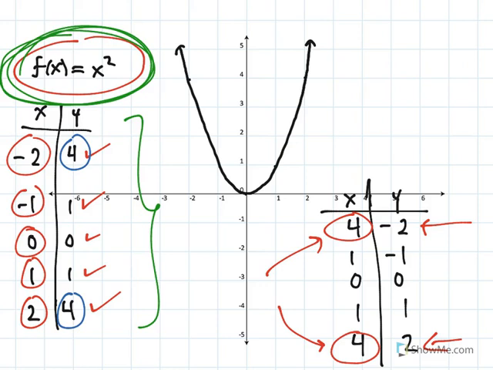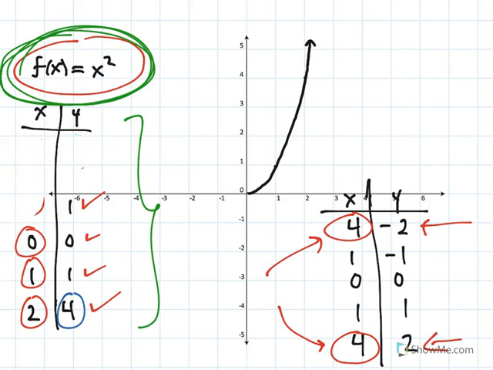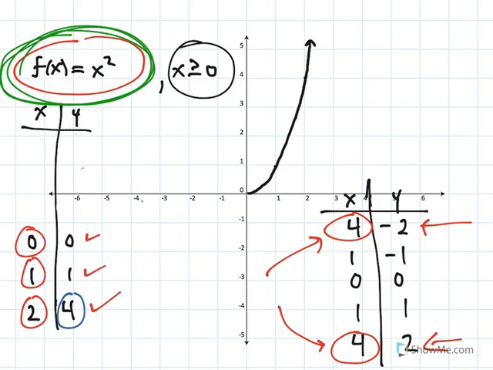However, what if I were to erase half of the parabola? Then I get rid of these ordered pairs. And on the restricted domain where x is greater than or equal to 0, the function is one-to-one, and it will have an inverse function because I would no longer have these 2 ordered pairs.